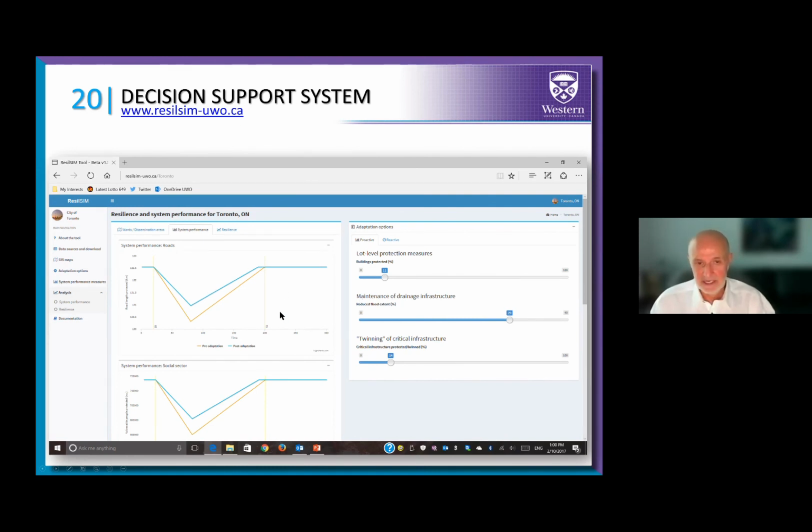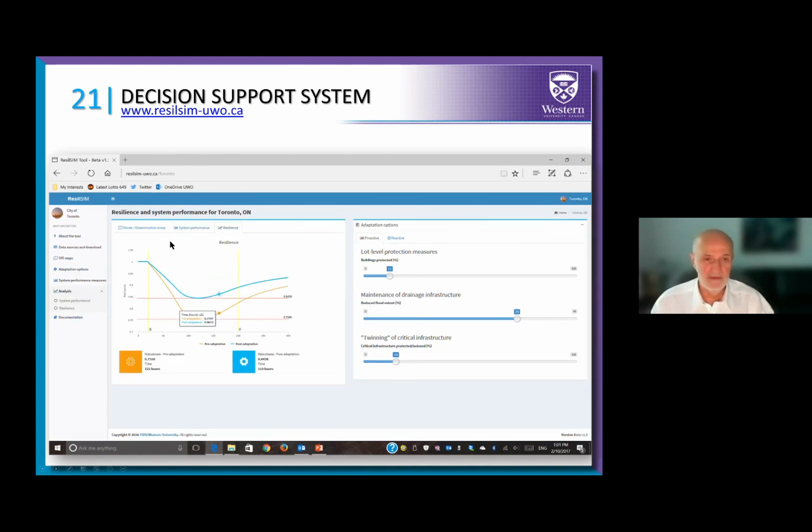When this is done, selecting resilience on the menu transforms the previous performance graphs into resilience graphs, again without any measures, and this is without the set of adaptation options provided here. We are also providing the ability to read this graph, find out the minimum, find out the values, find out the time.